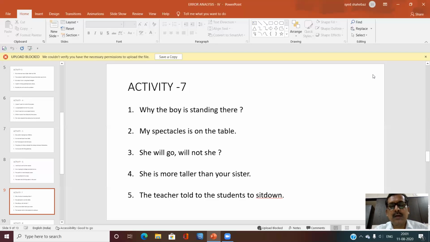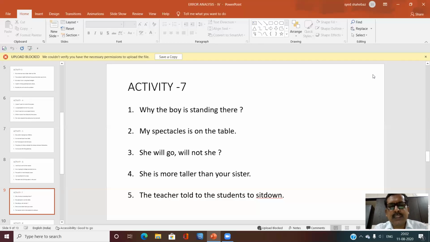The word order in the statement is different, and the word order in the question is different. So here the correct word order is: why is the boy standing there? The structure is verb plus subject.